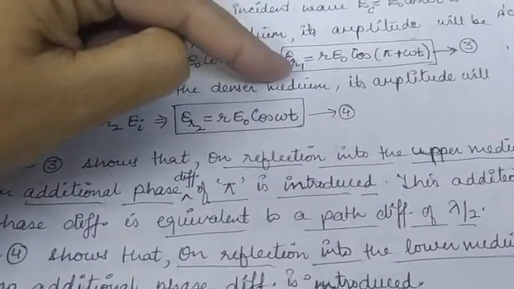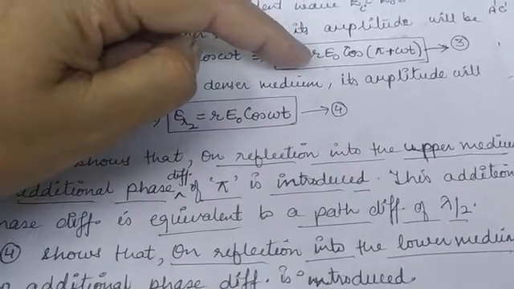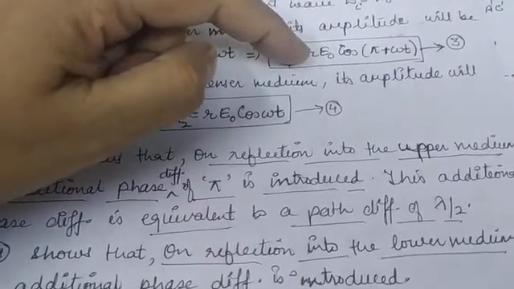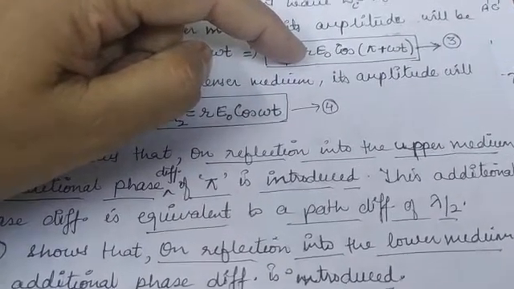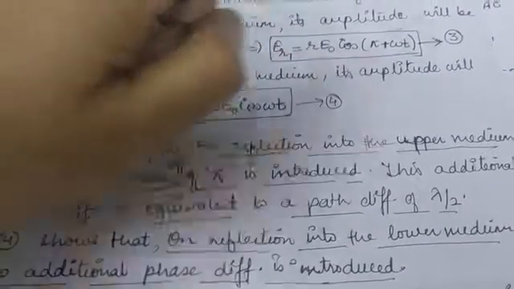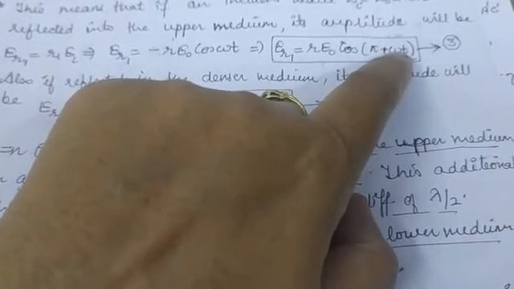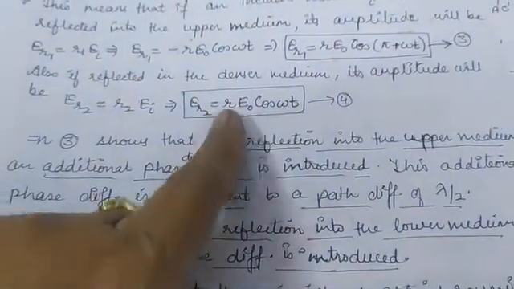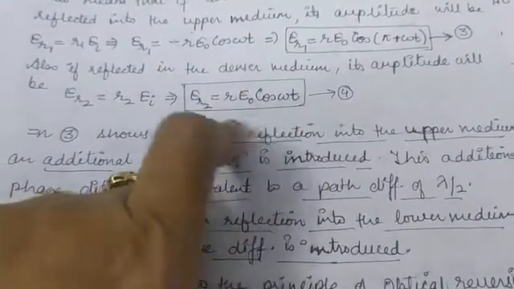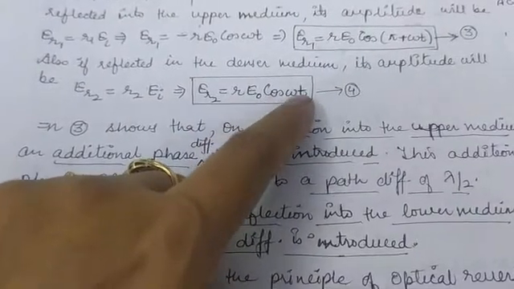If the reflection happens at the denser medium, the ray gets bent back into the rarer medium, meaning the incident ray is in the air or rarer medium, and the reflected ray is also in the air or rarer medium. So there must be a phase difference of pi in addition to omega t. But if the reflection is in the denser medium and the incident ray is in the rarer medium, then there is no additional phase difference in addition to omega t.